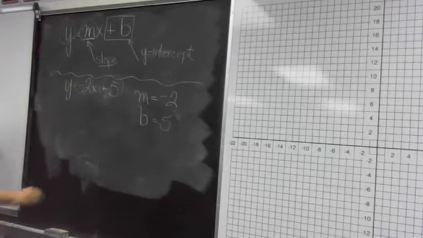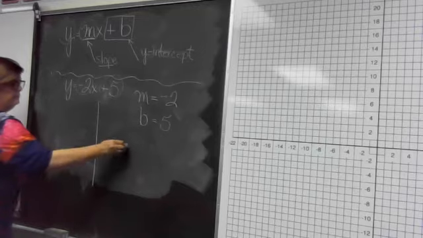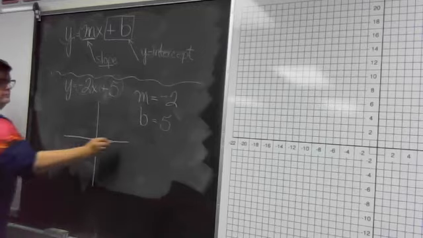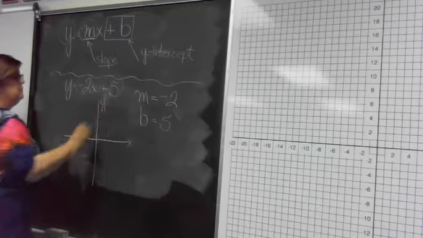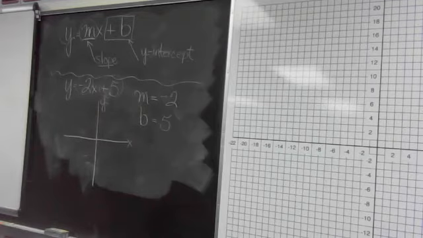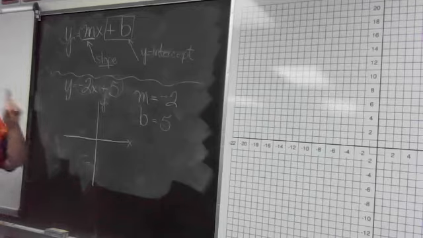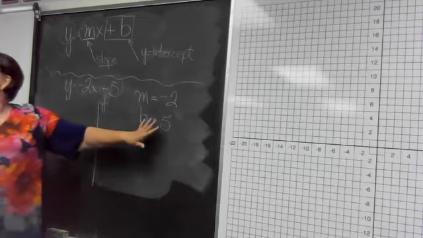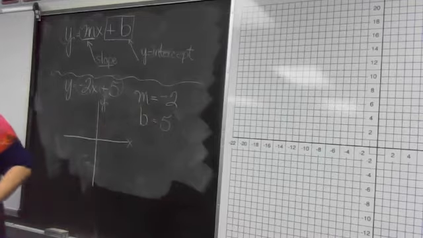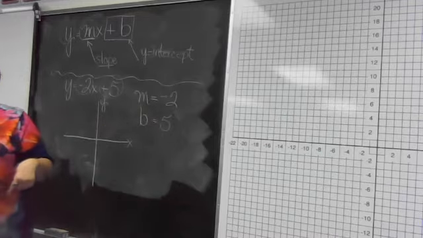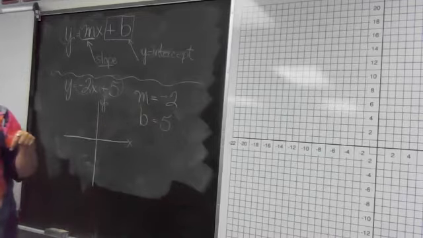Here's how we're going to graph the line. X, Y. Okay. Now, one of my silly stories, I like to personify my math. And so what I always graph first is the y-intercept. That's my house. I live on Y because that's the best place to live.